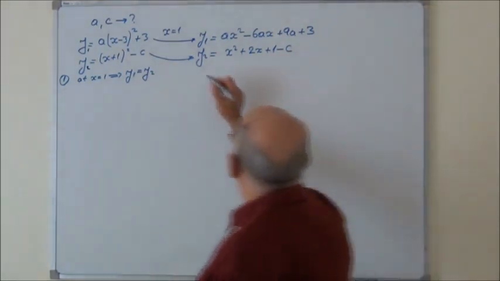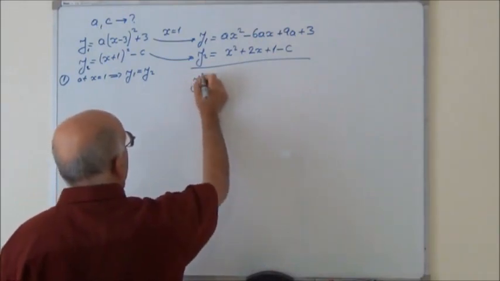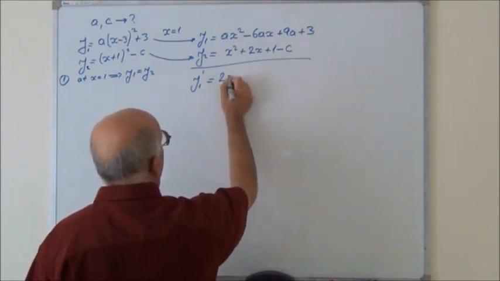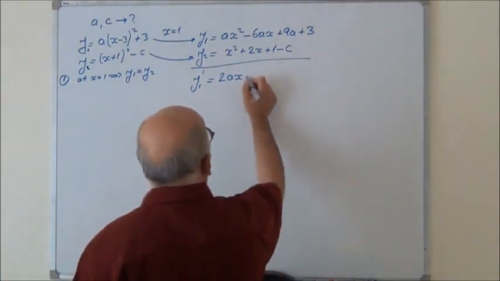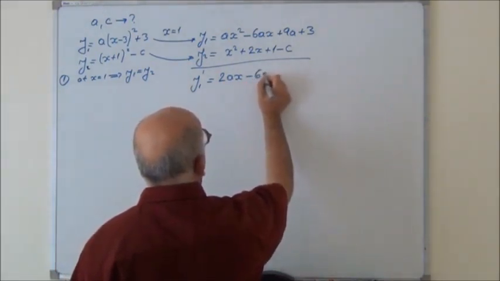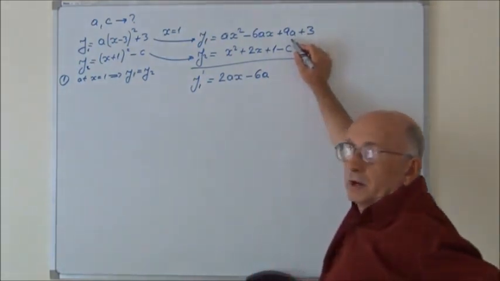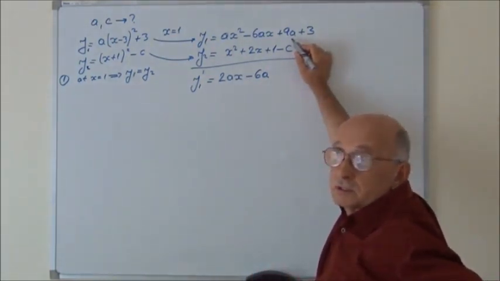Now we can find derivatives of each. We have 2ax minus 6a, and the derivative of 9a plus 3 is 0 because this is a constant.